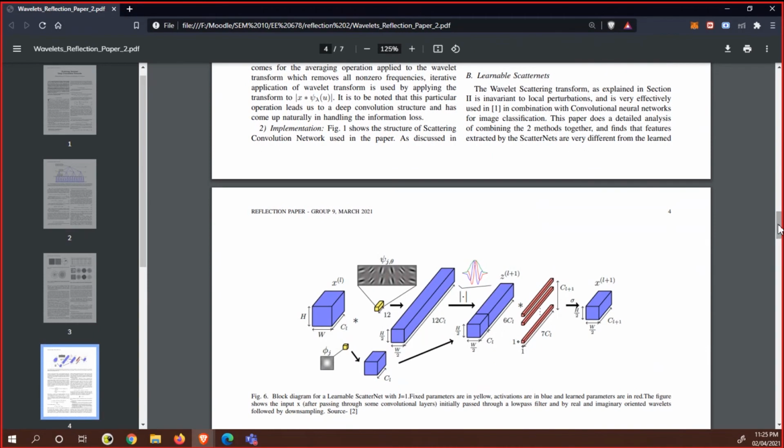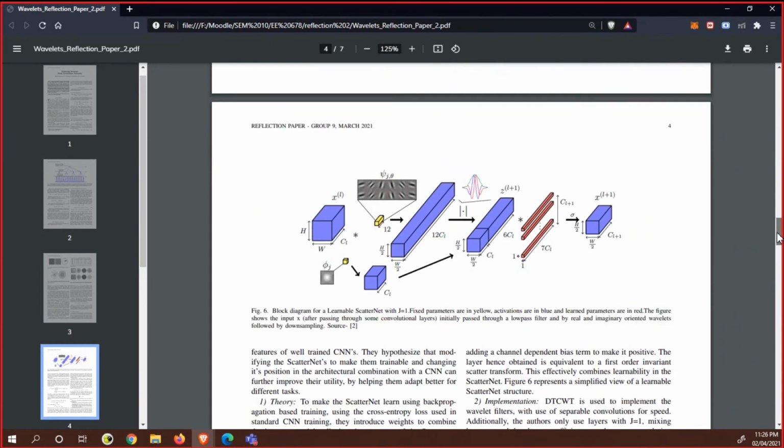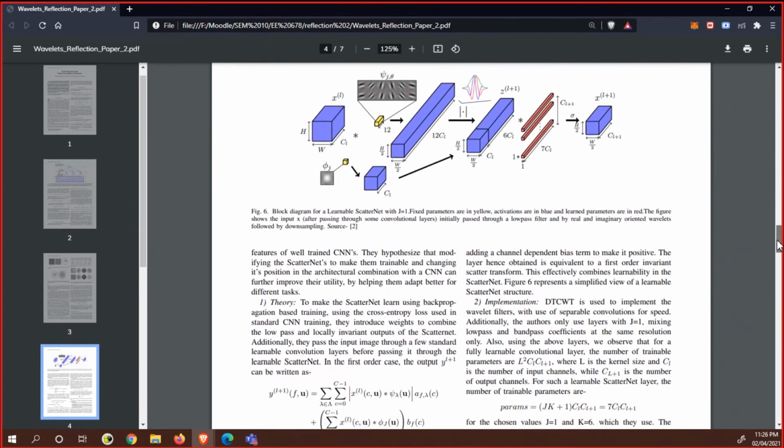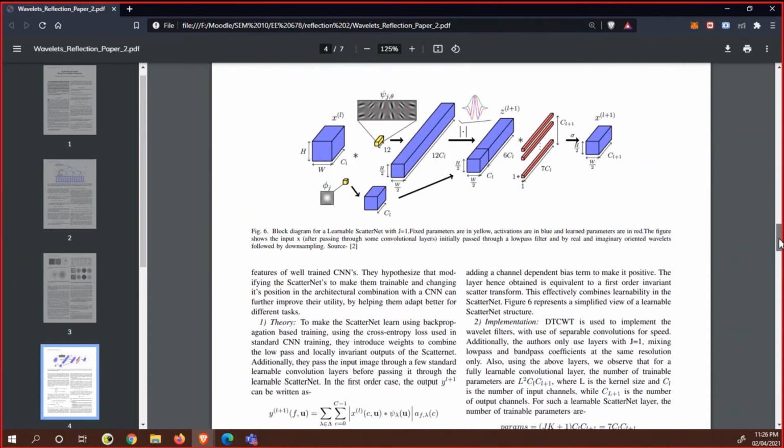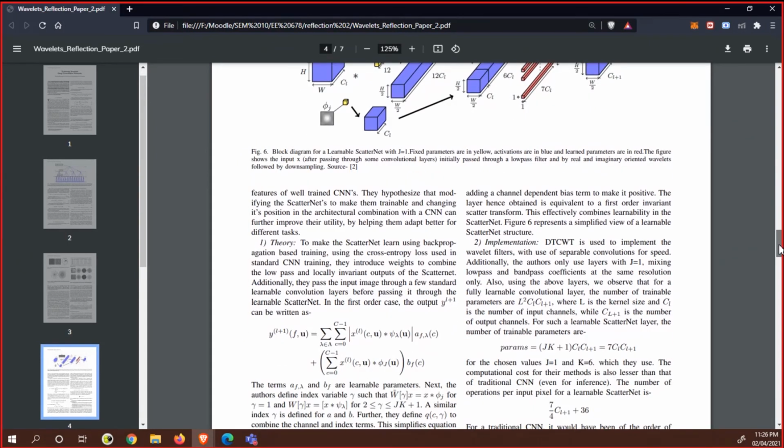Also, why do we have a scatternet as a fixed block in the network? Can we also fine tune it to adapt to several different kinds of images we are going to use this for? Because the scatternet is a constant transform which might benefit from some fine tuning as per the domain of the image being used.